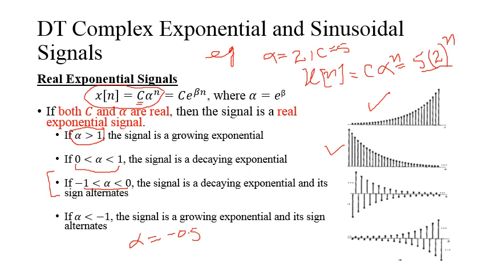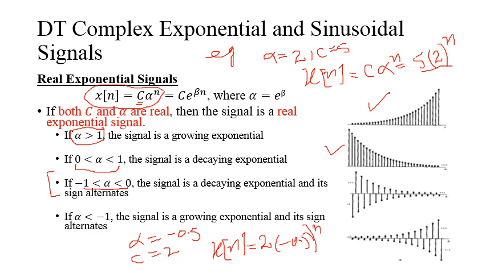What will be the resulting signal when alpha equals -0.5? Because x of n equals, let's take c to be the same, for example c equals 2. So it will be something like 2 into -0.5 to the power n.